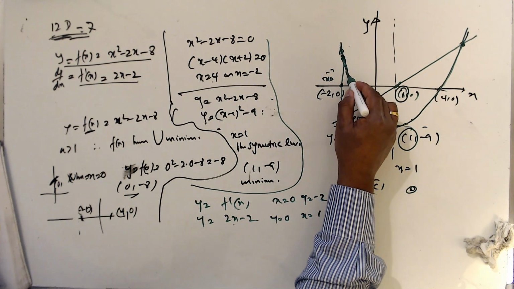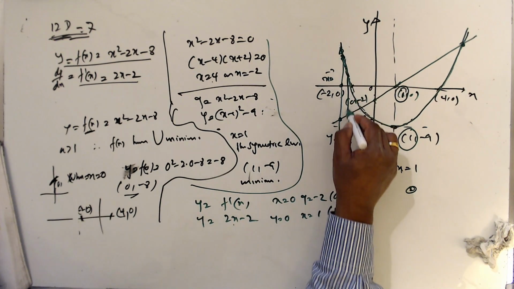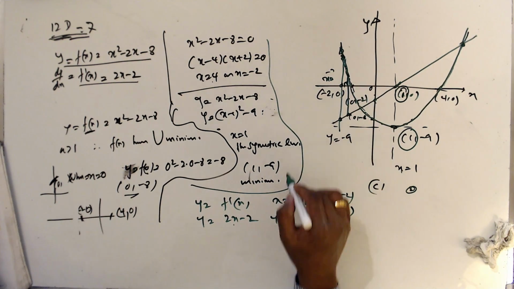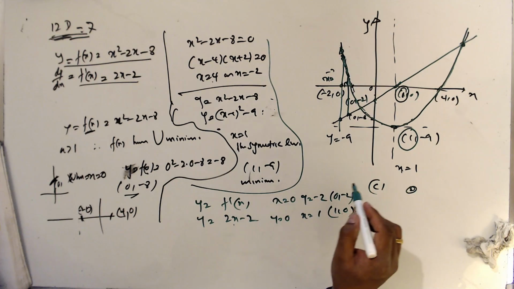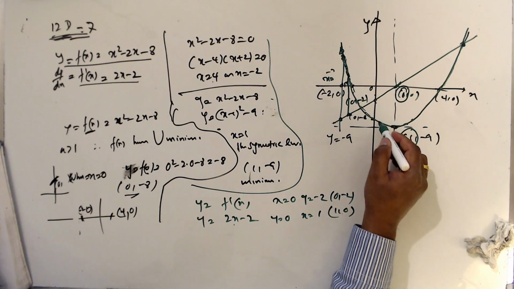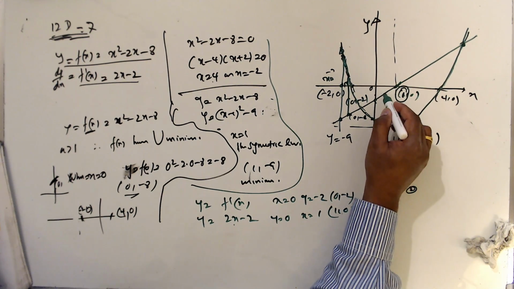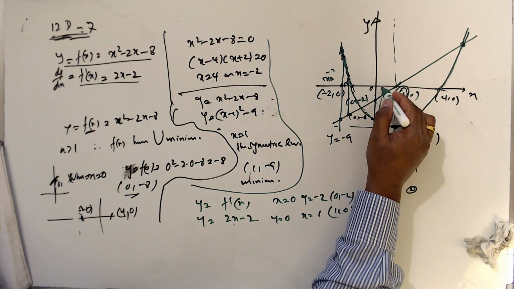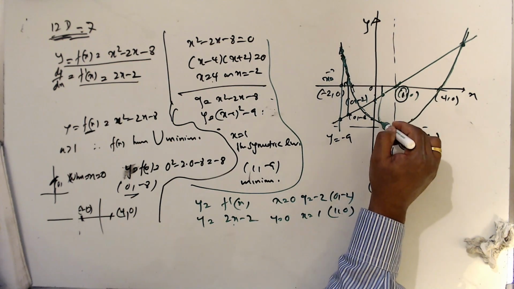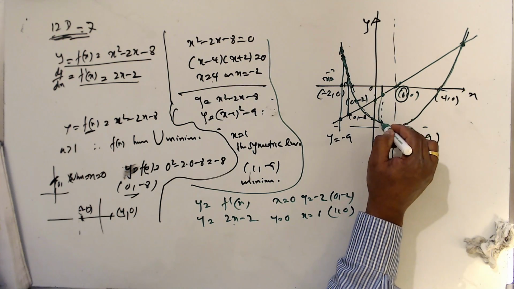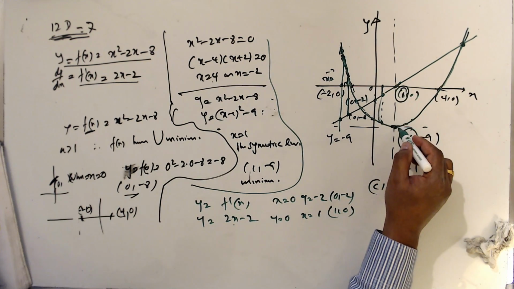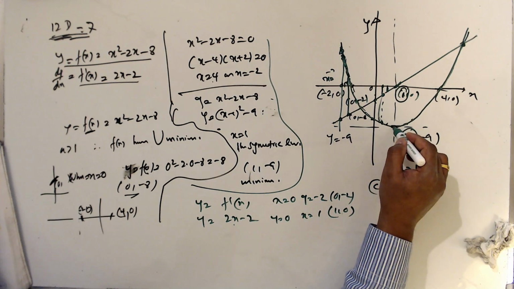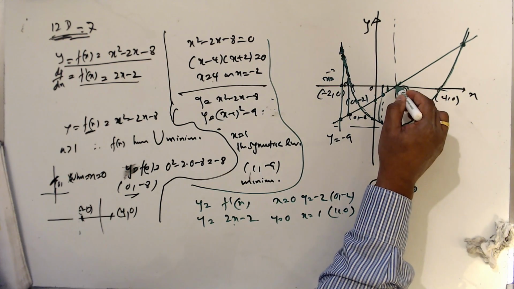The gradient of this point, if you want to find it, just draw a perpendicular line to this one and extend. This is the one. So likewise, the gradient of this point is this bit. This is the x value. So the gradient of this point is this height.